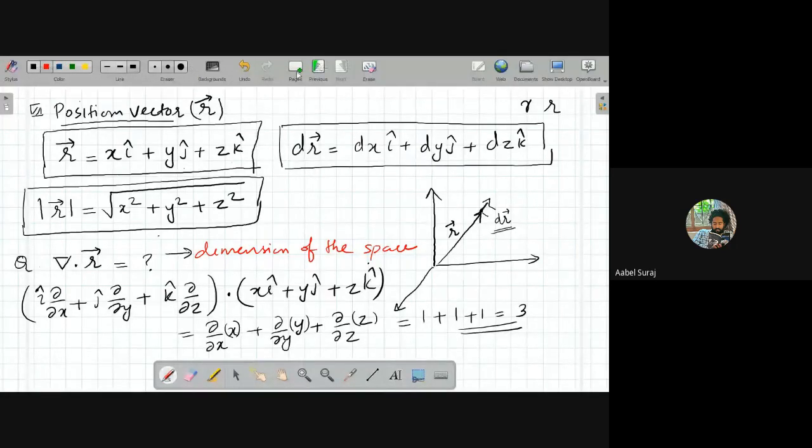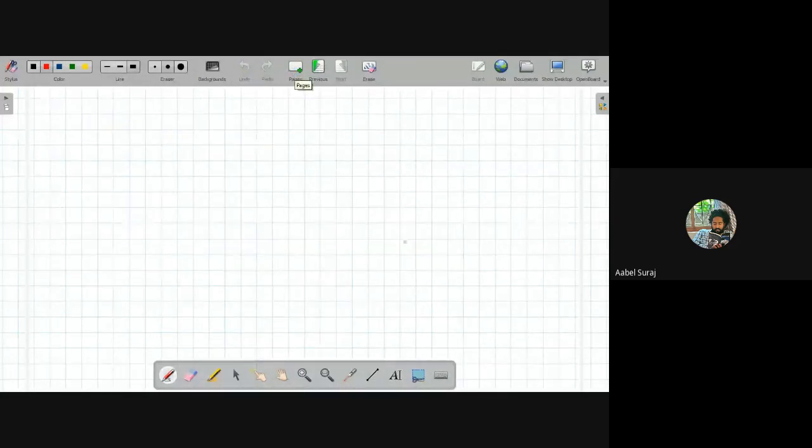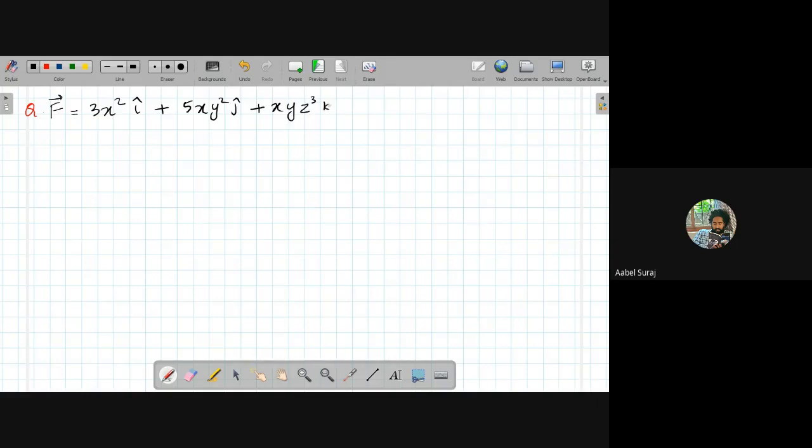Now, one more problem which I have given is this. We have given the vector function f is equal to 3x square i cap plus 5xy square j cap plus xyz cube k cap.